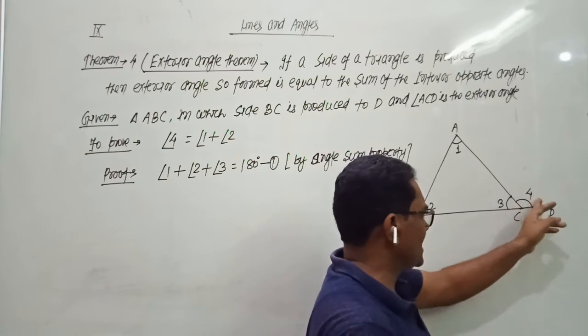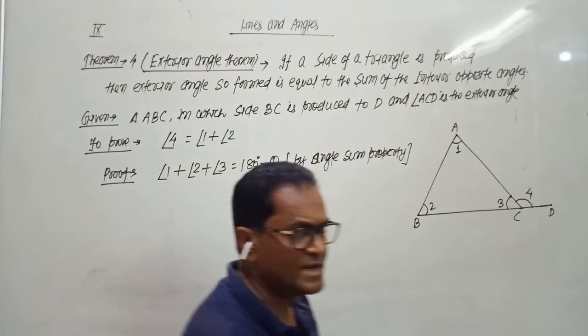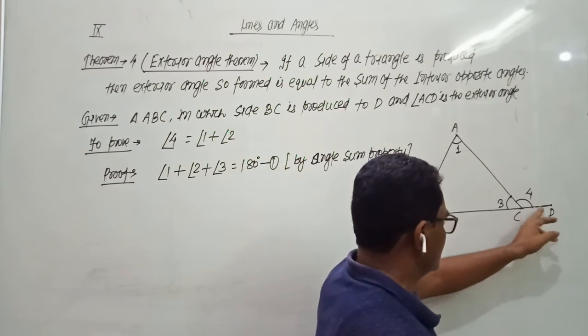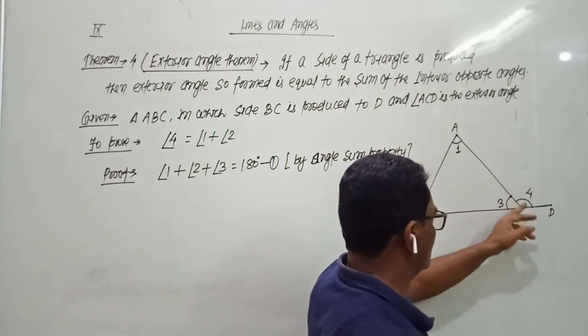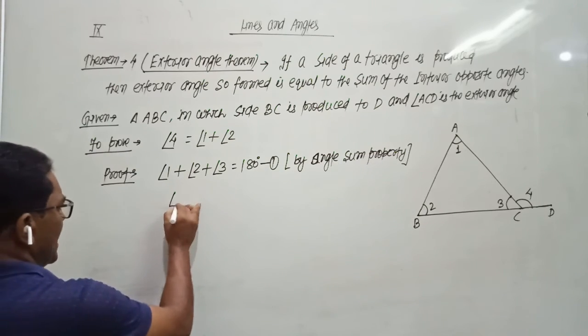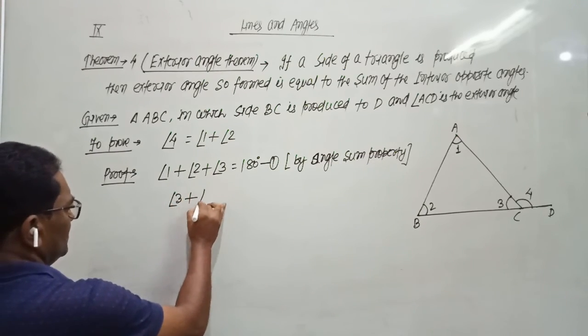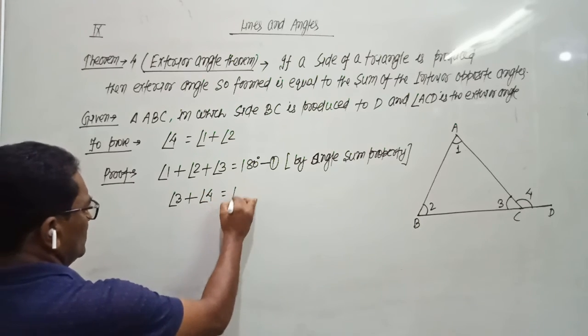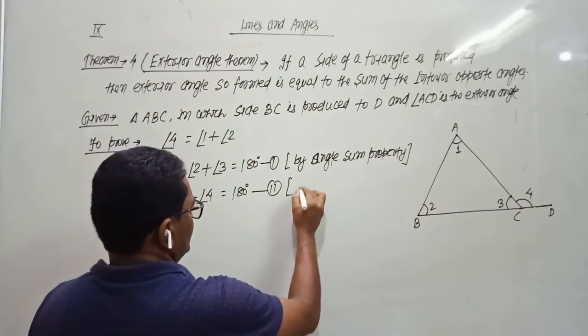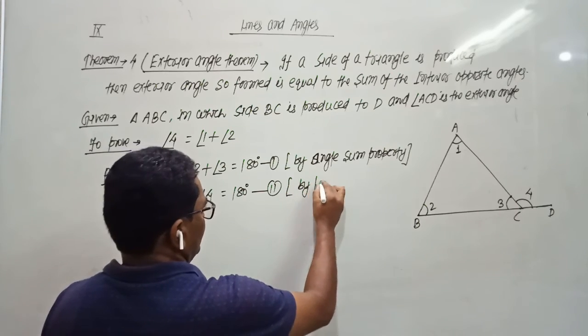Now angle 3 and angle 4 form a linear pair. They are linear because these are two opposite rays, so they form a linear pair. So we can also write angle 3 plus angle 4 equals 180 degrees, and the reason is linear pair.